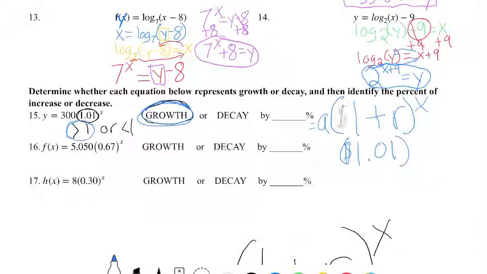Your r is how many cents you're adding to it. You have to add 0.01. Well, 0.01 translated into a percent, you move it over 2 spots, is 1%. So your answer is simply 1%.